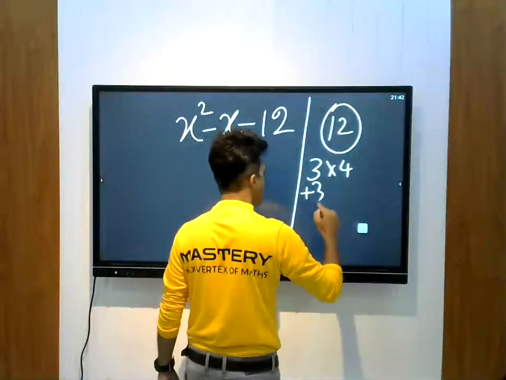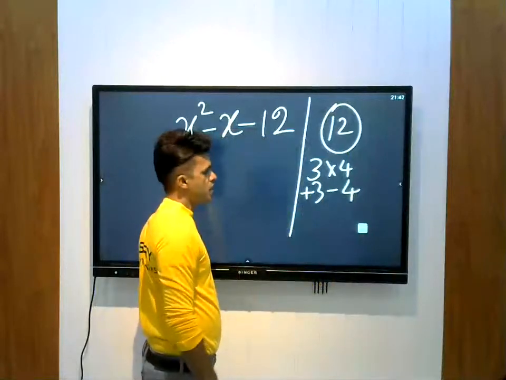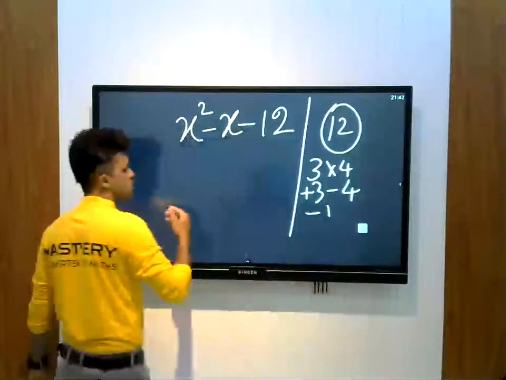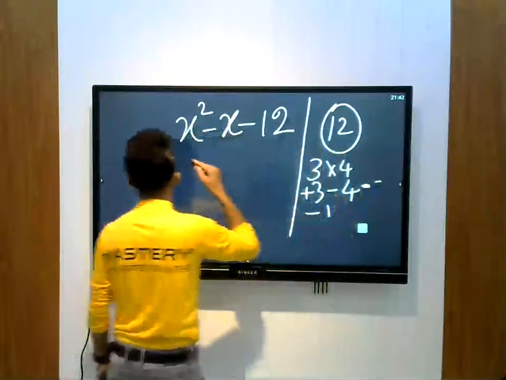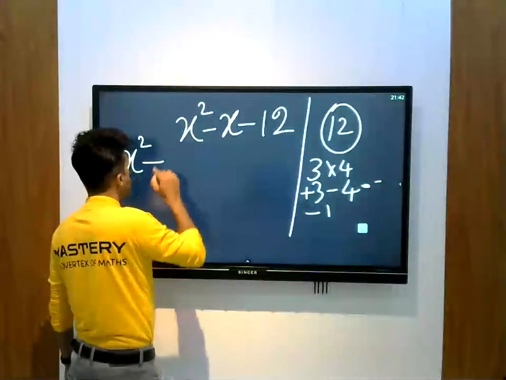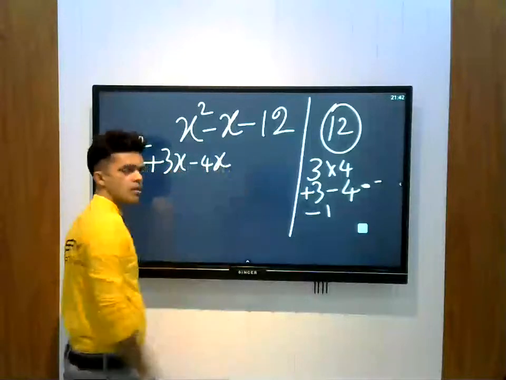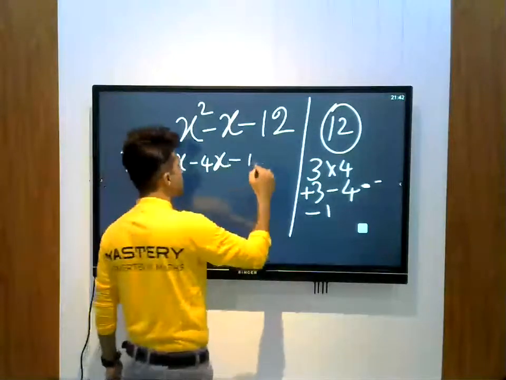Plus 3 and minus 4. What is the value of plus 3 and minus 4? That is minus 1. So plus into minus is minus, 3 times 4 is 12. So you could write here plus 3x and minus 4x minus 12.